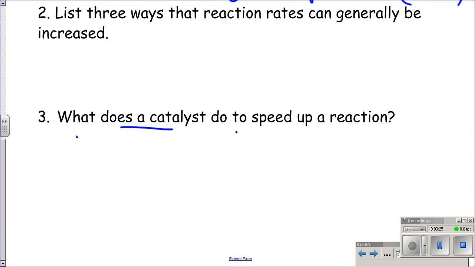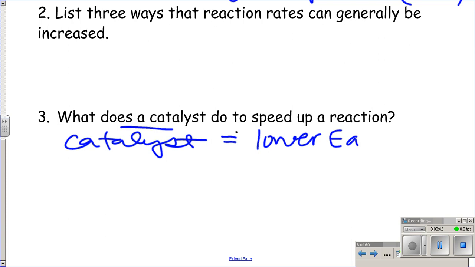Why would a catalyst speed up a reaction? What do they do, Michelle? Lanisha? Okay, so a catalyst will lower the activation energy of the reaction by... there's something else you have to add to this.